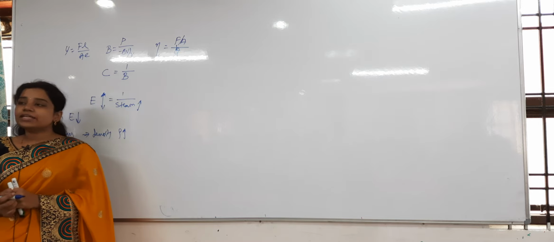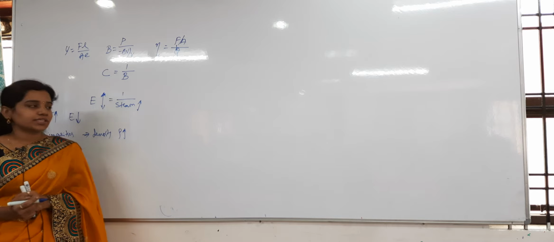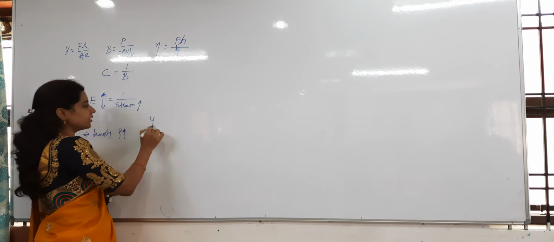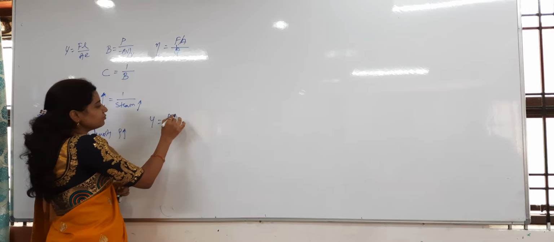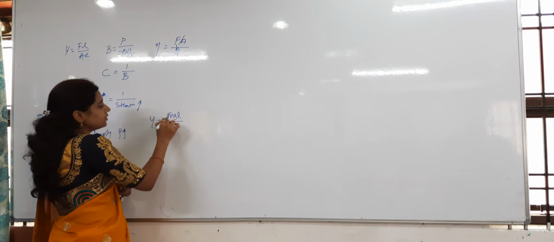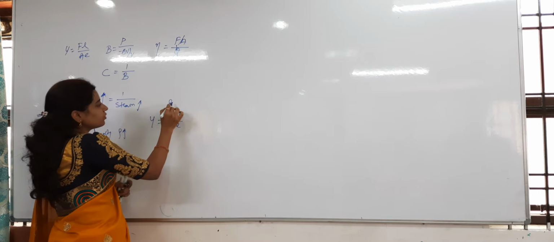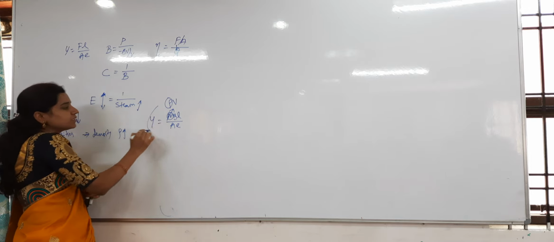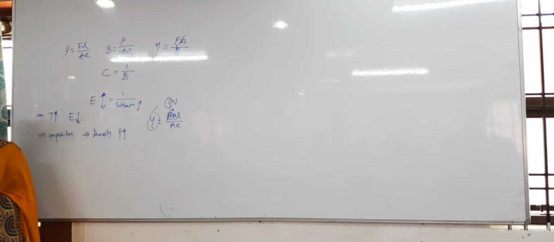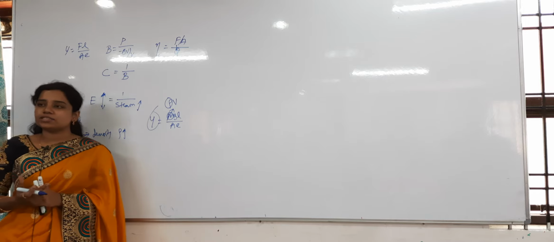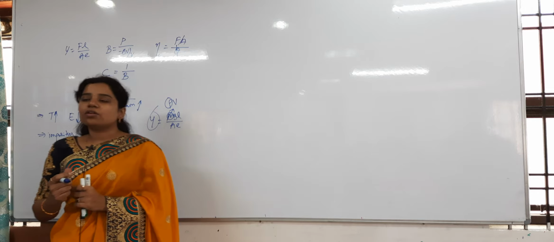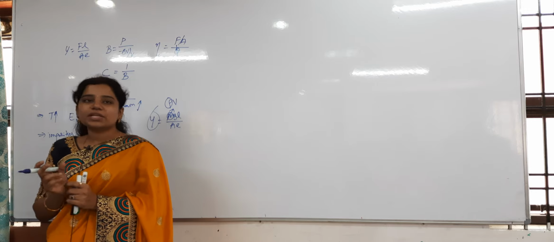Elasticity increases. Why? Because yesterday I told you one shortcut method that Y is equal to mgL by AE. In the place of m, what can I write? Rho into V. So rho is directly proportional to Y, so it will increase. Otherwise you can take it as, whenever the density is increasing, at that time I cannot elongate more, elongation will be less.